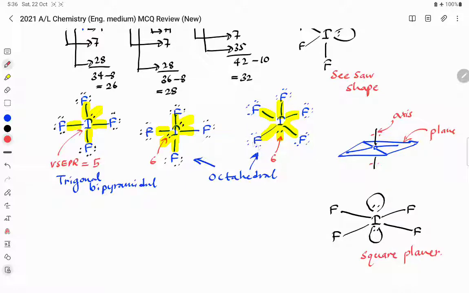Now for the last one, IF5, it's also octahedral. 1 lone pair is there, so it will look like this. Iodine, there's a lone pair on the axis. There are 5 fluorine atoms attached. So this shape is called square pyramidal.